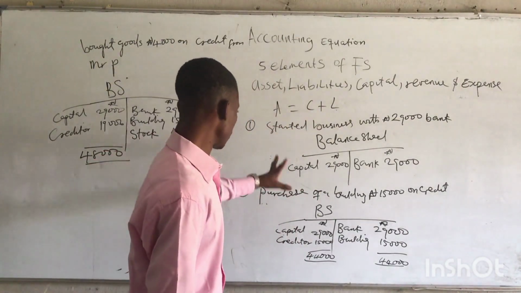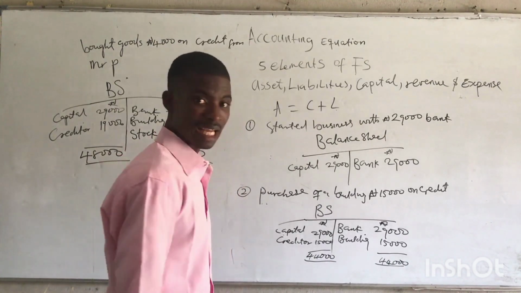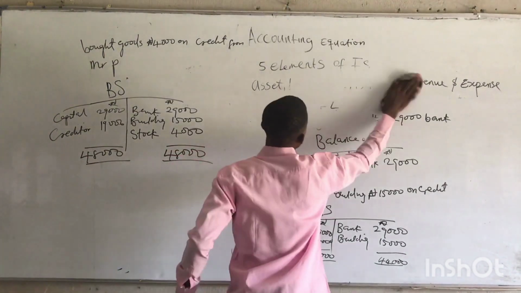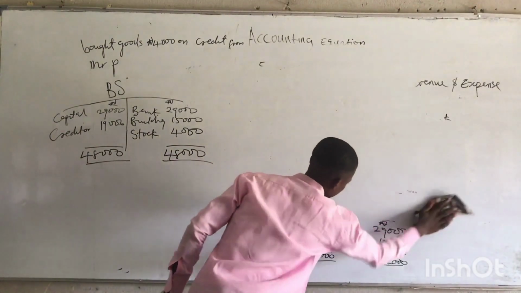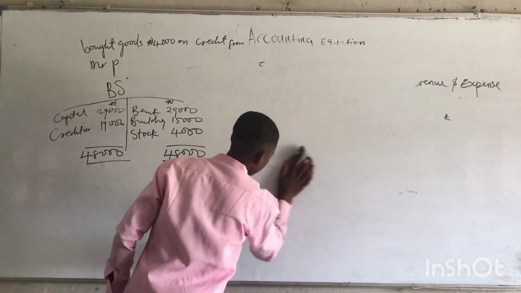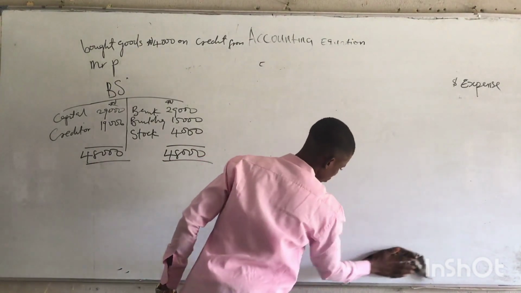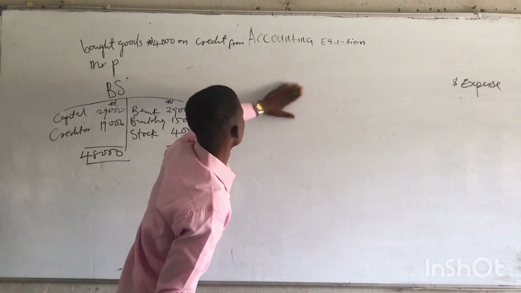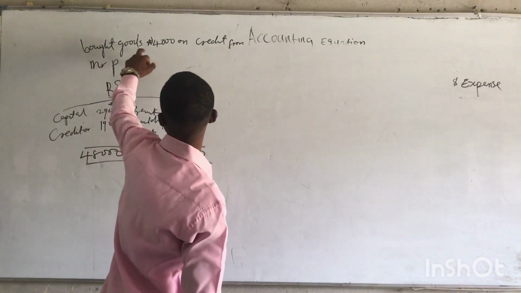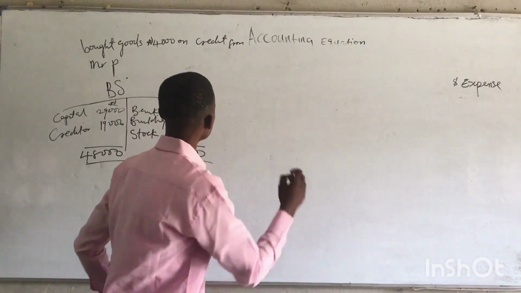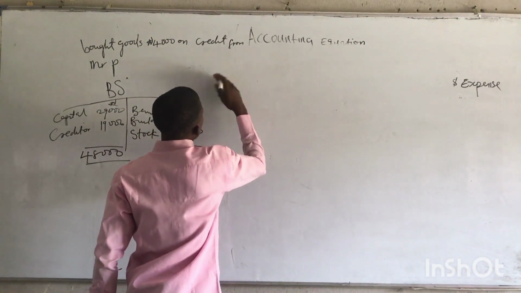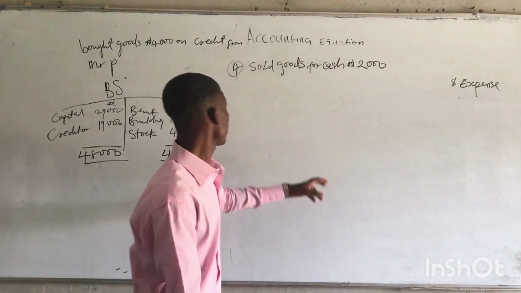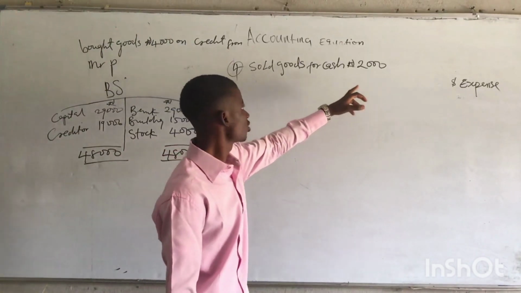No matter the transaction you are doing, if I decide to include more transactions, assuming I include another transaction, after the last one that said bought goods on credit from Mr. P, assuming I also have another transaction that said sold goods for cash, 2,000 naira.